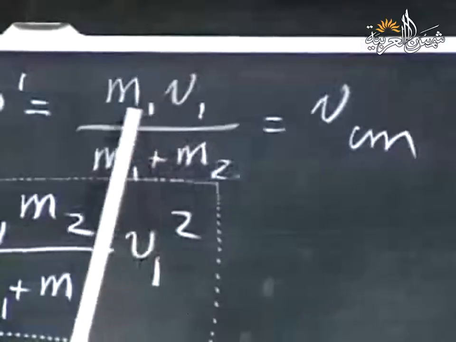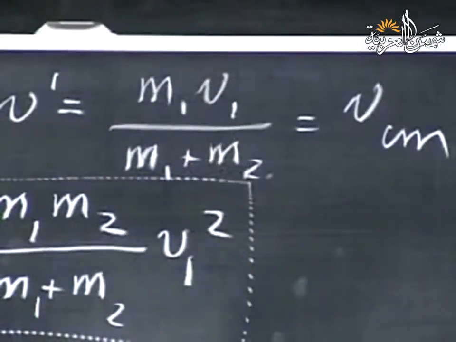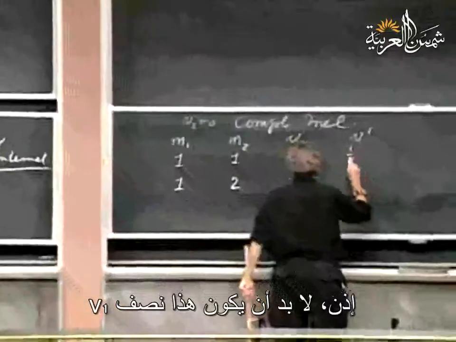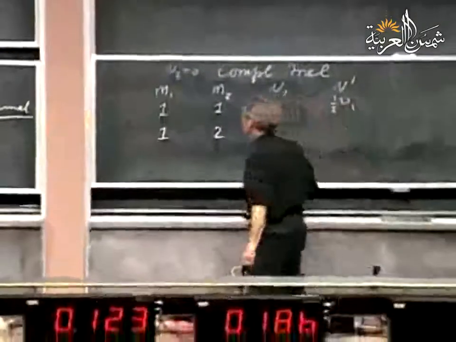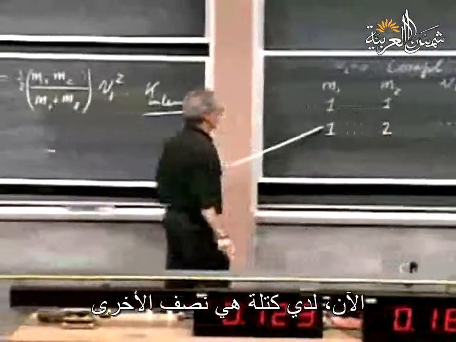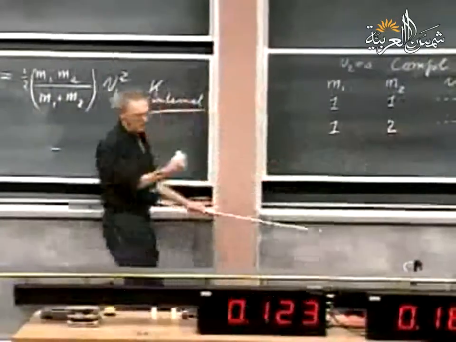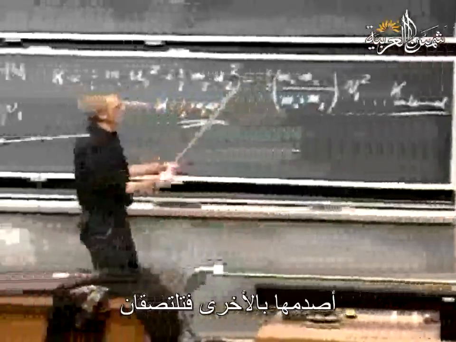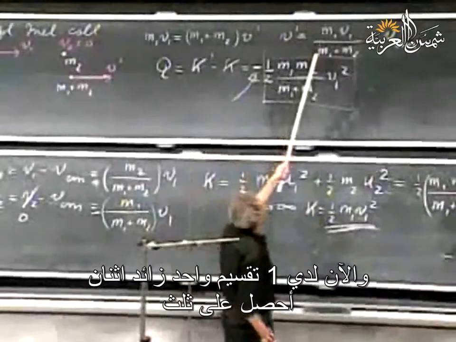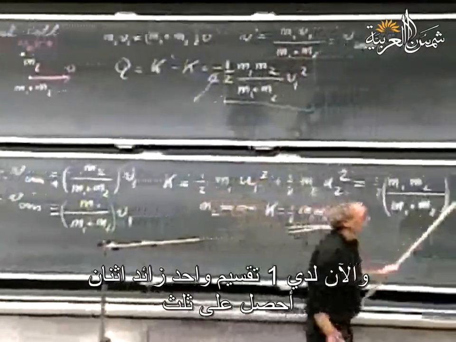If that's the ratio, the outcome is that V prime must be 1/2 V1. So this must be 1/2 V1. Now I have a mass which is half the other one. I plow it into the other, they get stuck together, and now I get 1 divided by 1 plus 2, I get 1/3. Notice in both cases I get a plus sign.